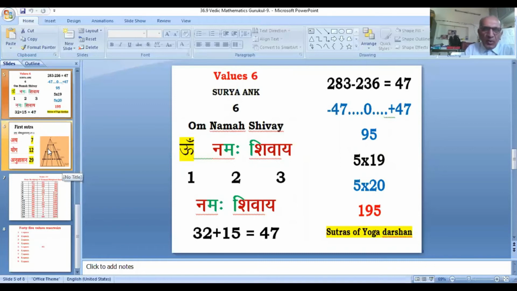See, Om is a single syllable setup, Nama is a pair of syllable setup, and Shivaya is a triple syllable setup.